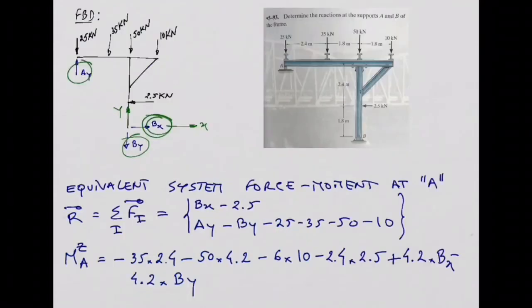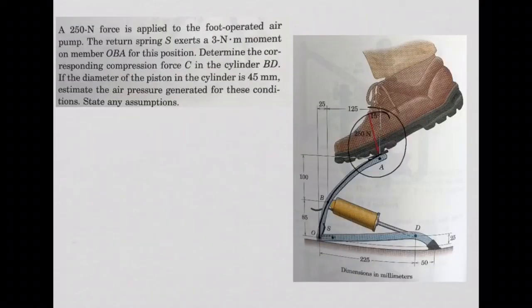For this example, for this pump, it is basically the same thing, right? When you are putting air in the tire of your bike, for example, you are pumping with your foot, right? And there are different configurations for this. But the analysis I want you to do is for this time instant, for this configuration, with these dimensions.